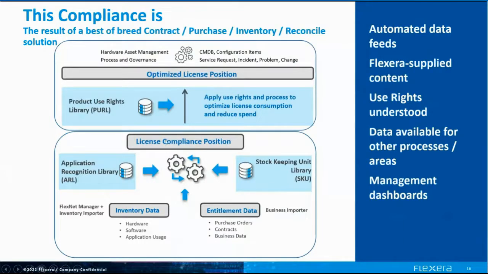And you create in between the licenses. This is actually a real process that has to be performed. We have some automated license creation processes, but I would say it's good to have control on that. And these licenses will compare the acquired rights with the license consumption. And the product use right library will allow you to manage the complex licensing cases and even to give you an optimized license position, which is a big focus of the last years.